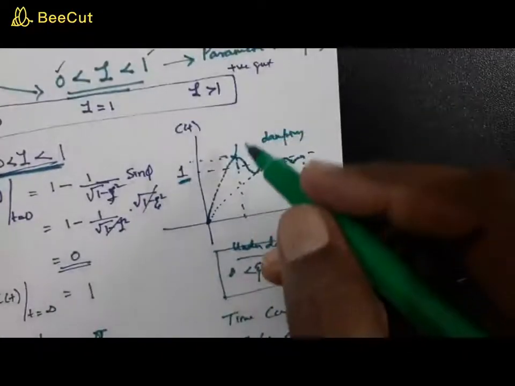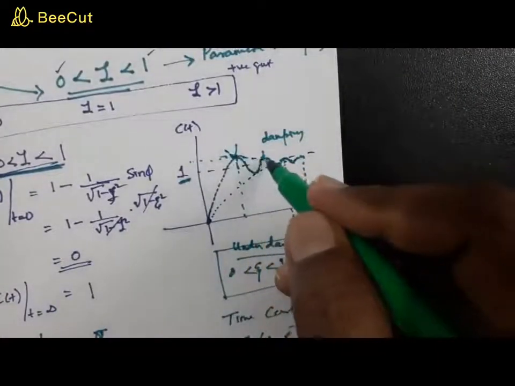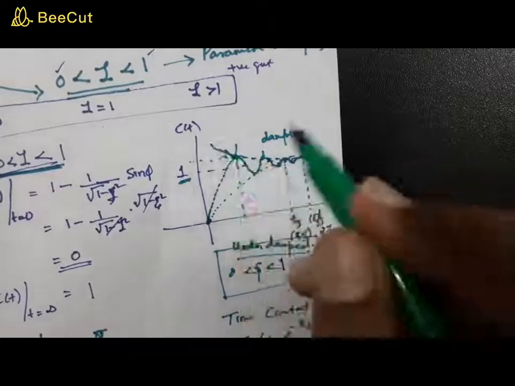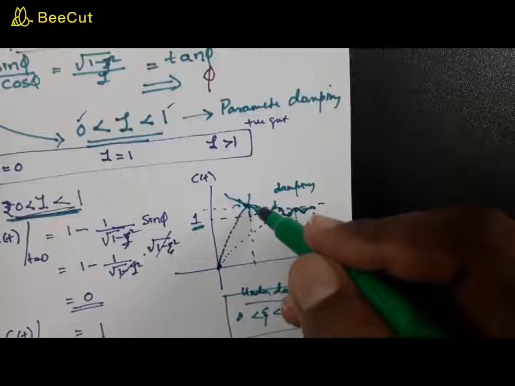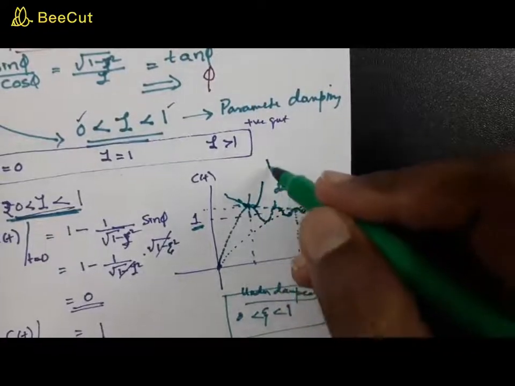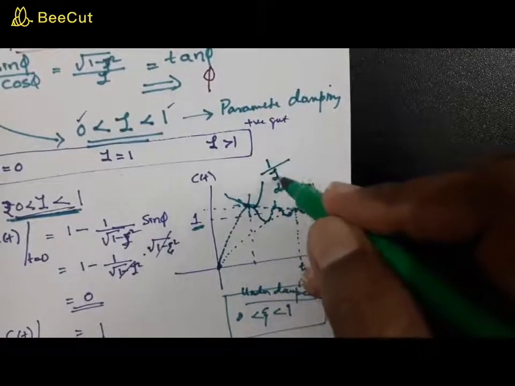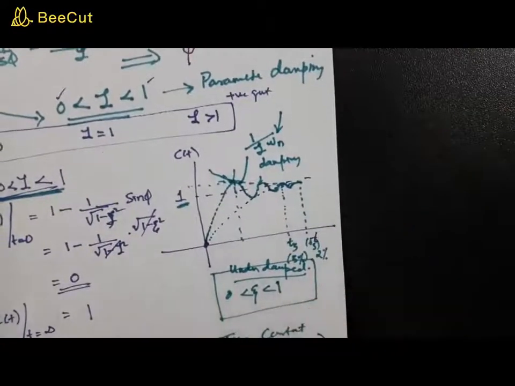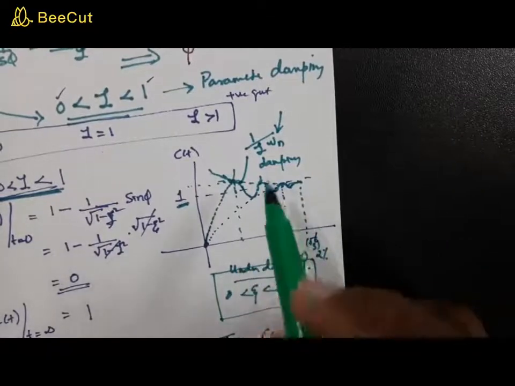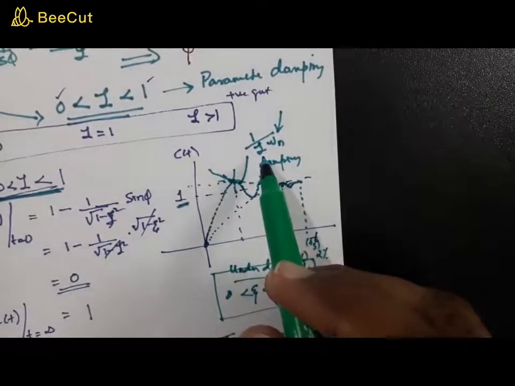Now, that means this decaying is exponential in nature, because the decaying is determined by this exponential signal, and the rate of decaying is governed by 1 by zeta omega n, which is called the time constant. How fast it is depends on zeta.